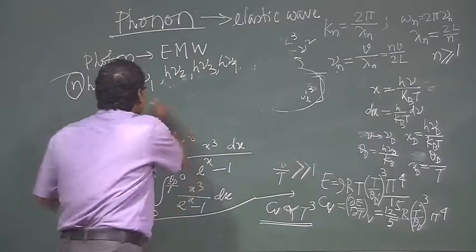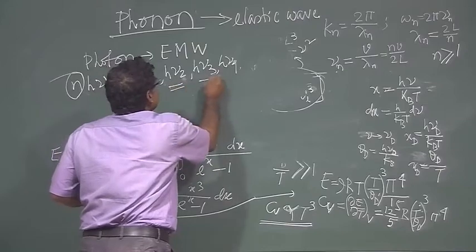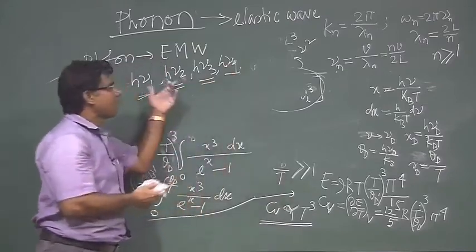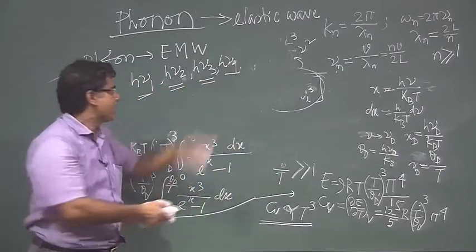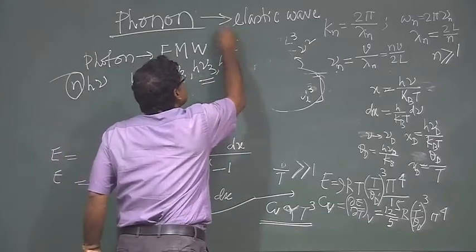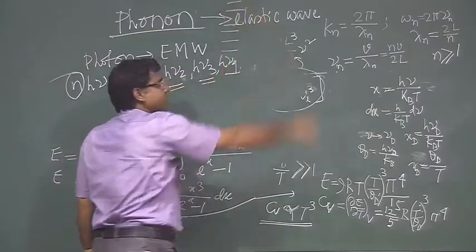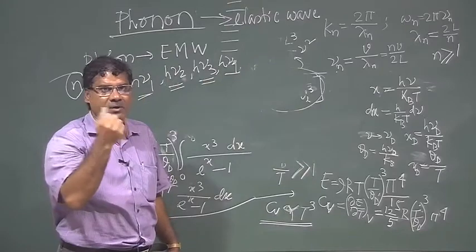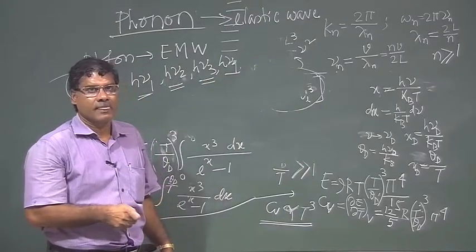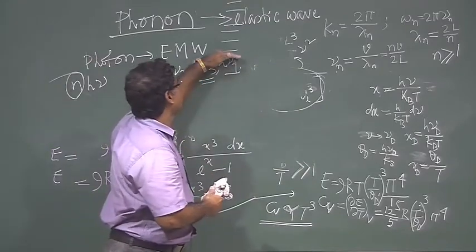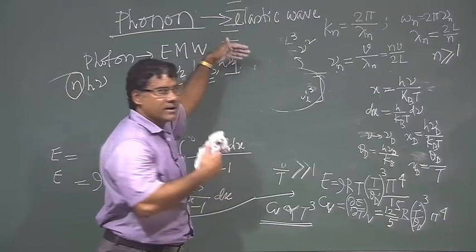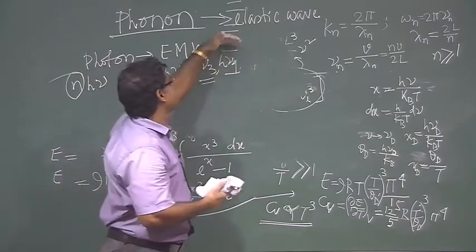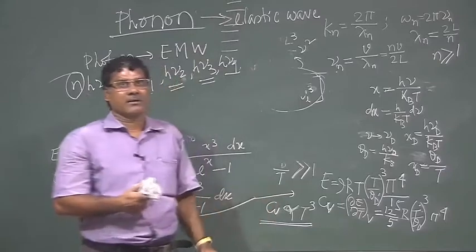And now, each of these modes has a lowest energy, its own energy, and higher energy levels like a harmonic oscillator. So, when it is excited, it can go to any higher energy level of its own.